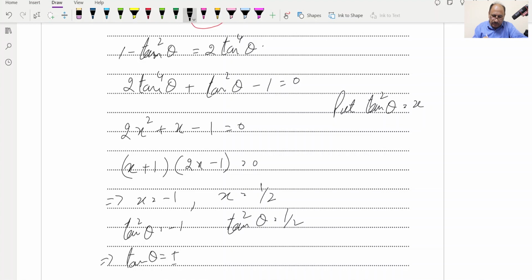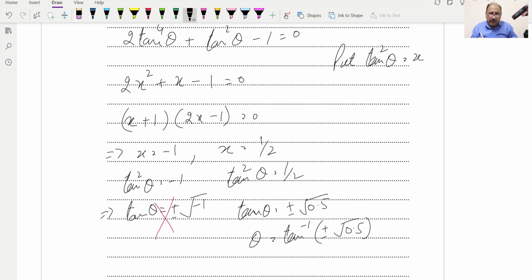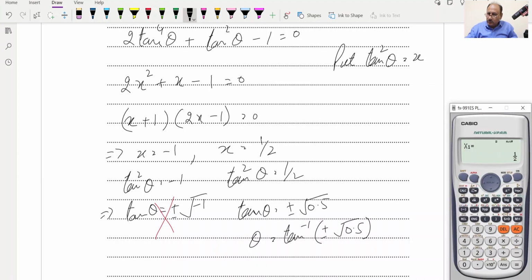That will be a complex number, so we are rejecting this one, and we will be taking this one. Tan theta is equal to plus minus 0.5 under root, so theta will be equal to tan inverse of plus minus root of 0.5.